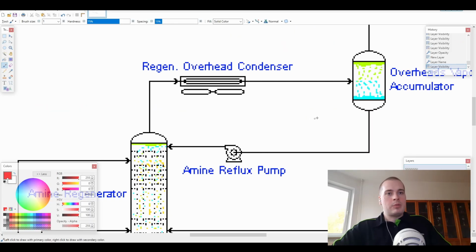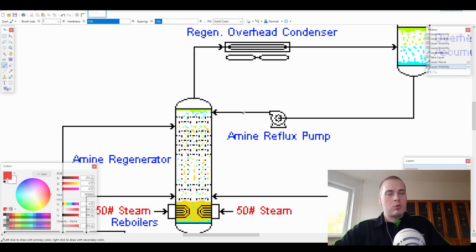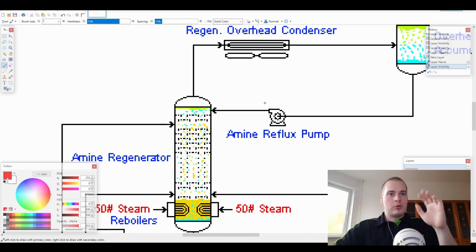That water and amine is being fed back into the regenerator using our amine reflux pump, where the water and the amine descend and interact with the hot steam that's coming from the bottom, and this way we ensure that we get rid of all of the hydrogen sulfide that has been absorbed in the amine. And that's why it's called the reflux pump, because it refluxes back our condensate into the system.